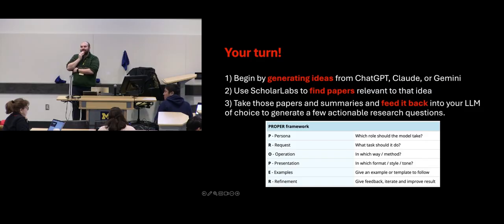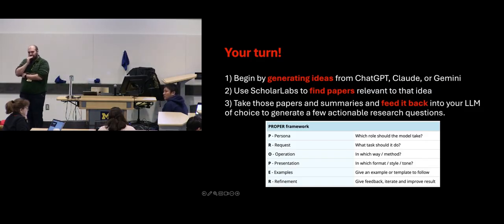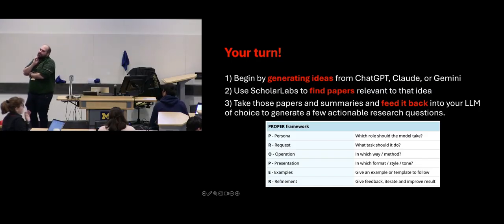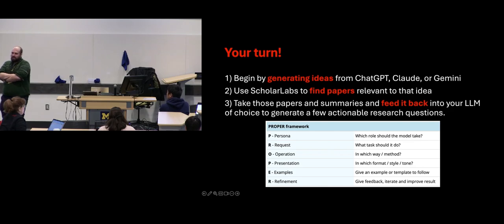Oh, more questions, yes? Are the paid versions of these models going to be significantly better? It's a great question. It's tough. So I think you can get a lot of mileage with what is available. So with Gemini, you get a ton of free queries.